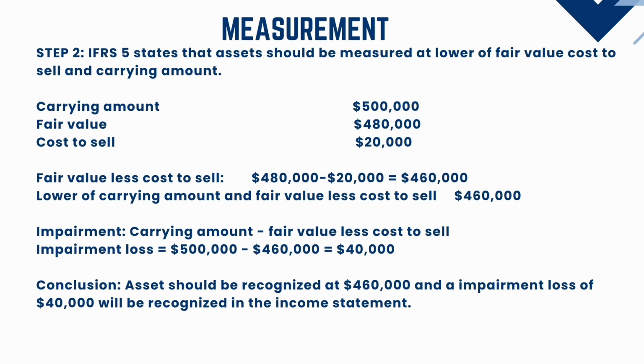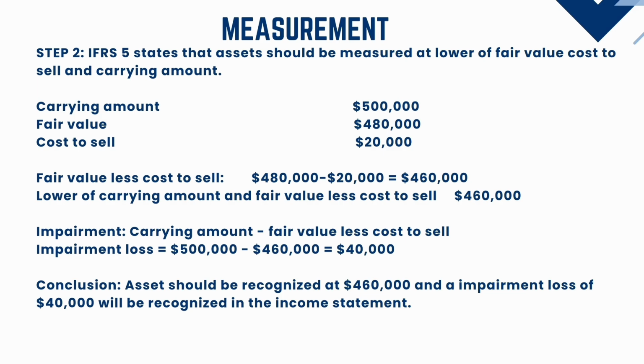Why? Because the carrying amount is higher than what we are going to sell this asset for. In our books of accounts it says the asset is worth $500,000, but you carry out a market survey and you find out that it's worth $460,000. You can see that there's a reduction, and that reduction is called an impairment loss.